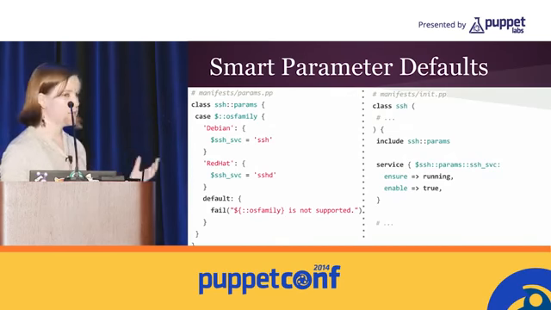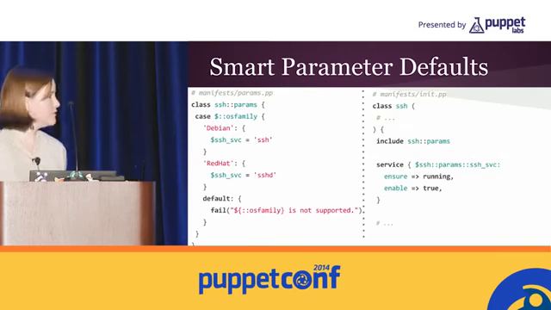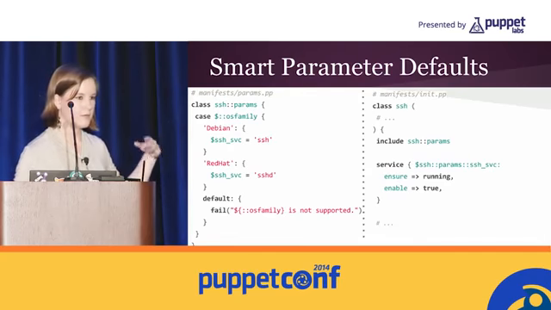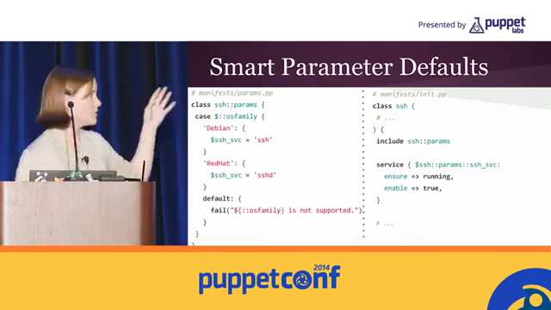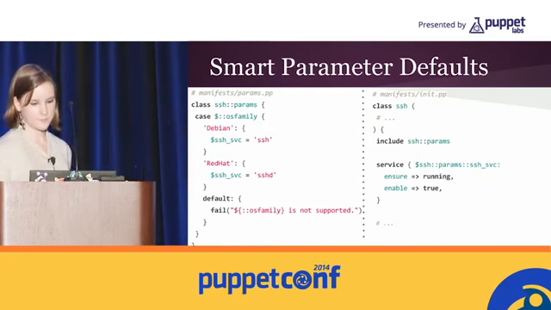And this is a very standard pattern you're going to see in most every module. The user shouldn't have to set this parameter themselves. They shouldn't have to pass in whether they're restarting SSH or SSHD. This is useful because the module can figure out what is applicable to your operating system.